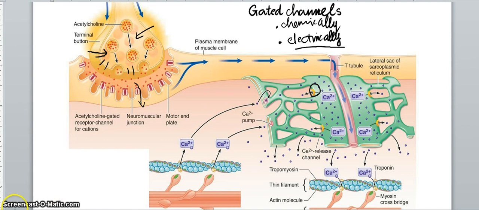So in general, this example shows that the muscle cell can relay the information from the neuron by these chemically gated channels that receive acetylcholine, or these electrically gated channels right there and right here.